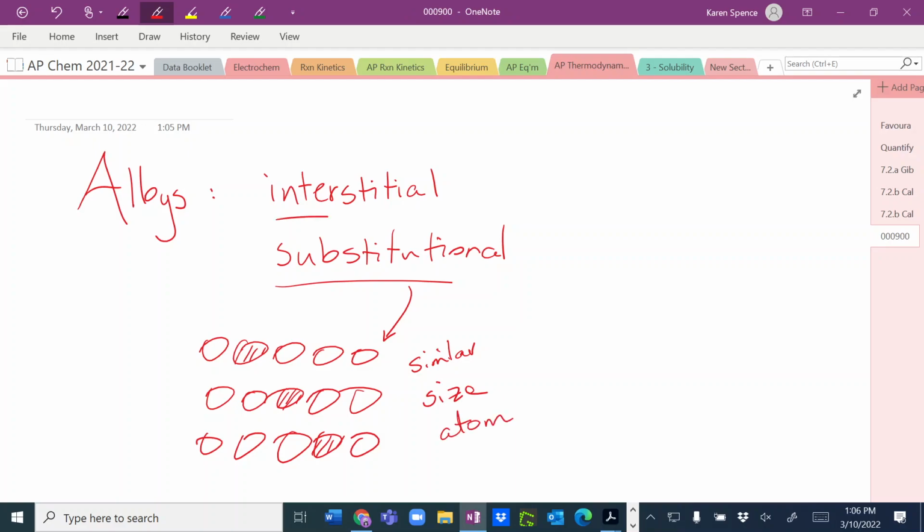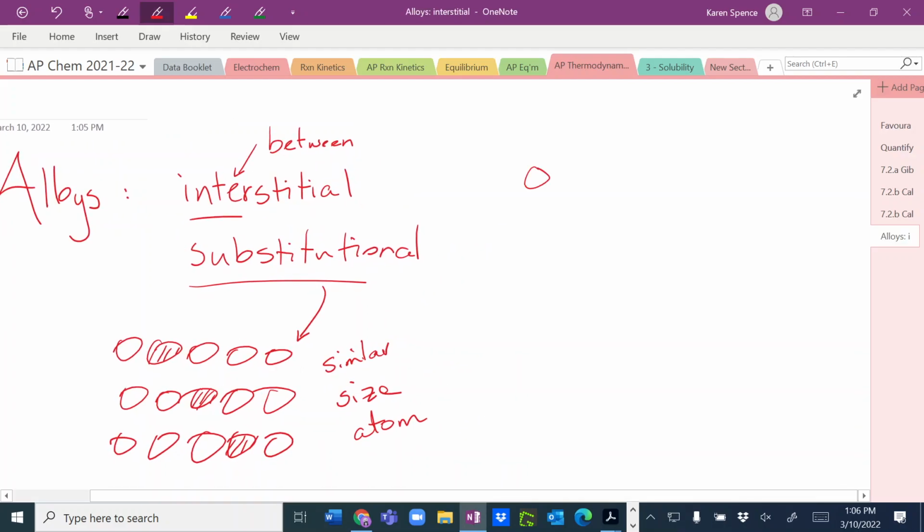Interstitial, what does the prefix inter mean? Between. So look, you didn't even need to know that. I can't imagine that you would have to actually pull this word out of your head. I think it would be like in a multiple choice question where they'd be like, is this an interstitial or a substitutional alloy? Yes?